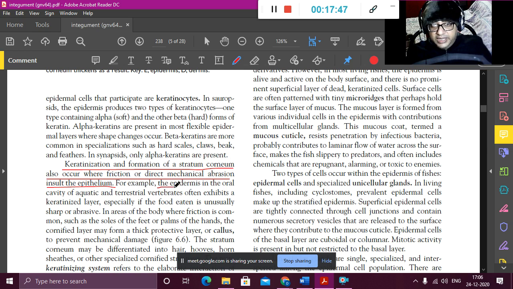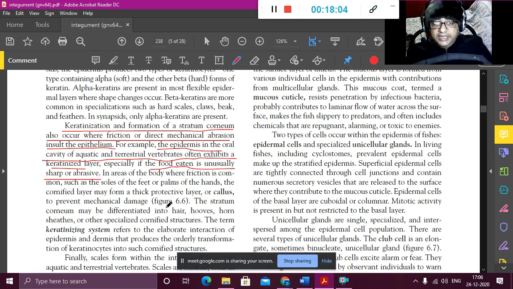For example, the epidermis in the oral cavity of aquatic and terrestrial vertebrates often exhibits a keratinized layer, especially if the food eaten is unusually sharp or abrasive. In areas of the body where friction is common, such as the soles of the feet or palms of the hand, the cornified layer may form a thick protective layer or callus to prevent mechanical damage.